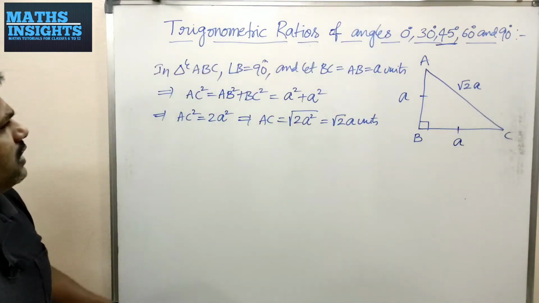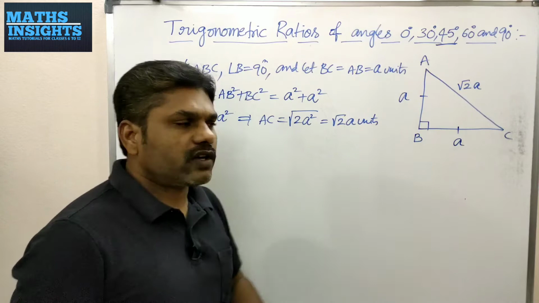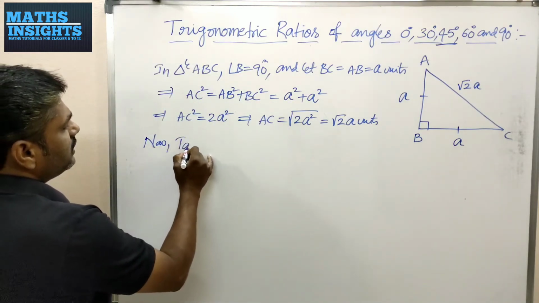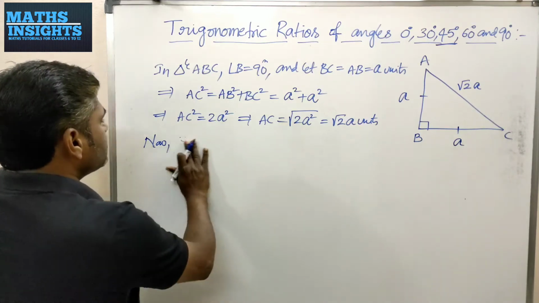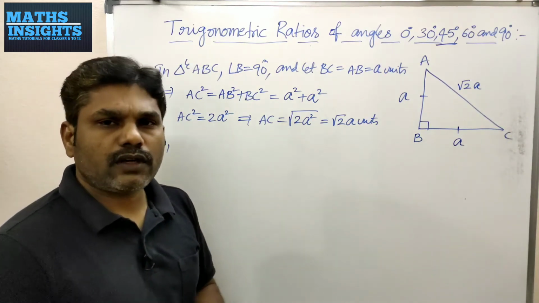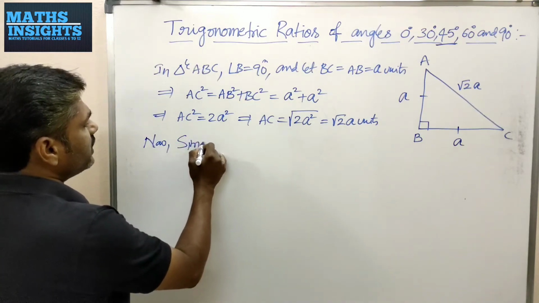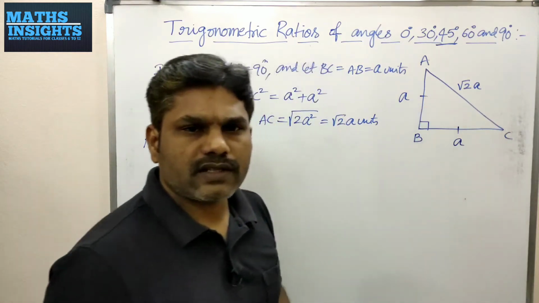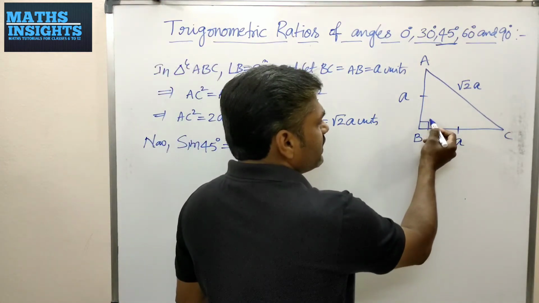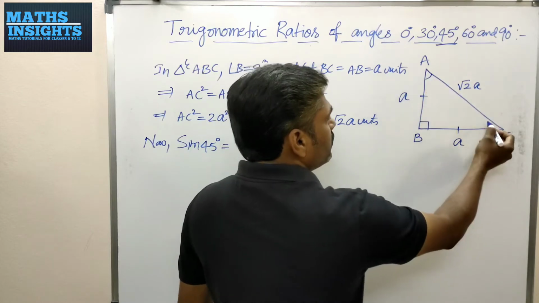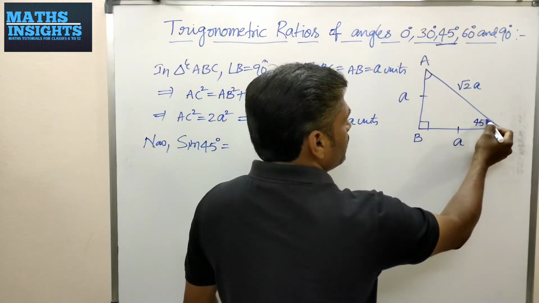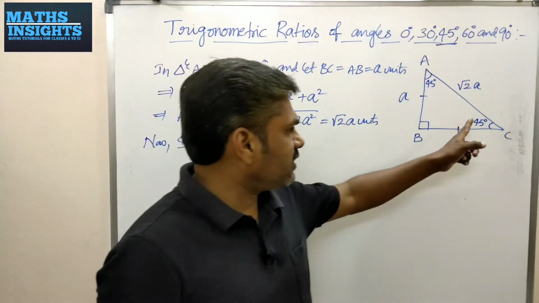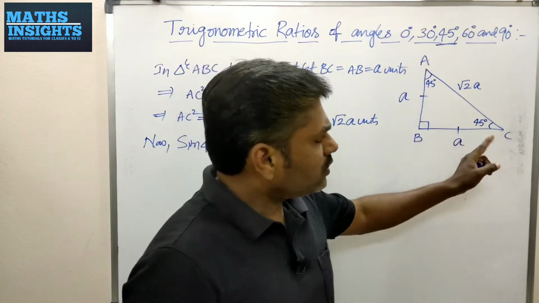Now I am going to define the ratios for the angle 45 degrees. First I am taking sine. Sine 45 degrees: this is an isosceles right angle triangle, this is 90 degrees, then the sum of the remaining two angles must be 45 and 45. You may define the ratios by taking this angle or this angle, both are the same.